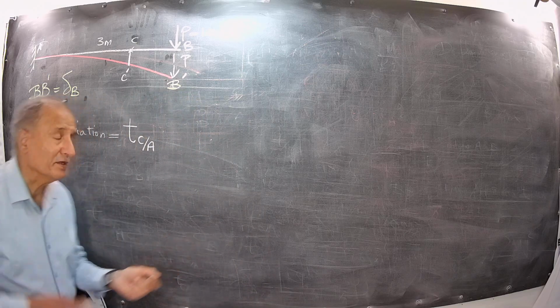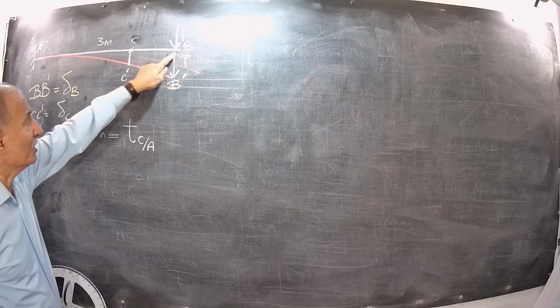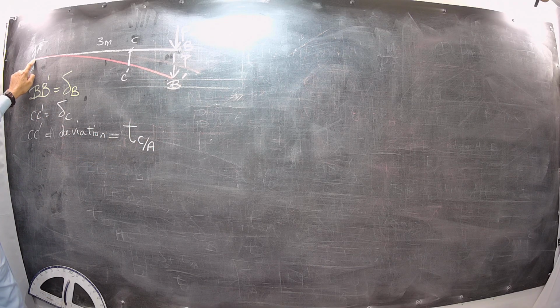For example, tangent line at A is the same as the initial configuration of the beam, and there is no slope between this tangent and the deflected shape of the beam. The slope is 0 for A.